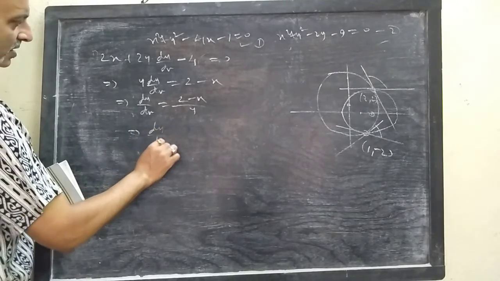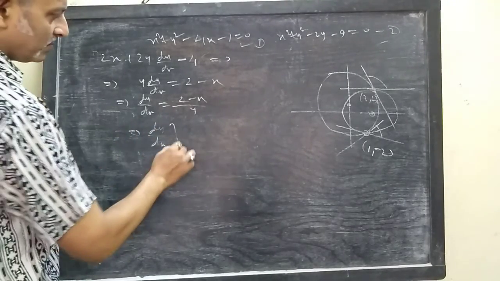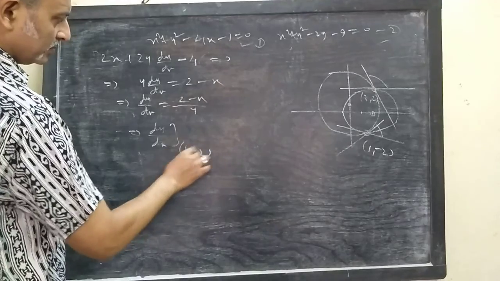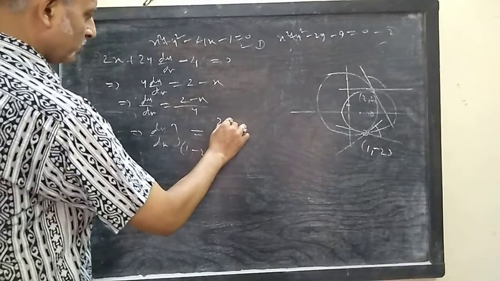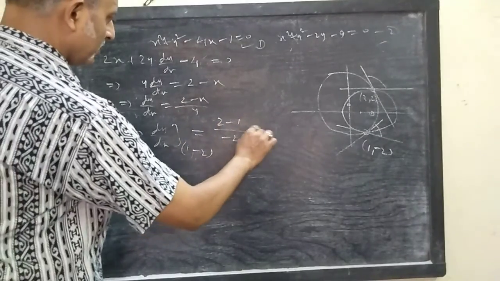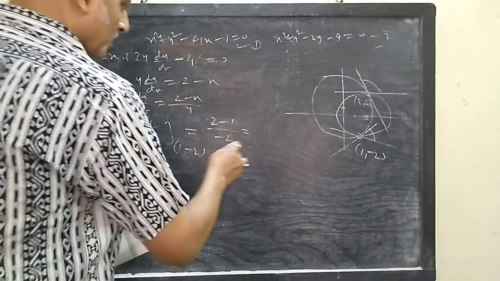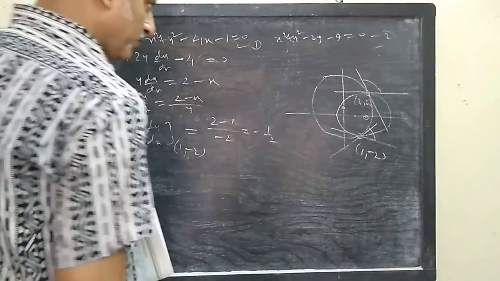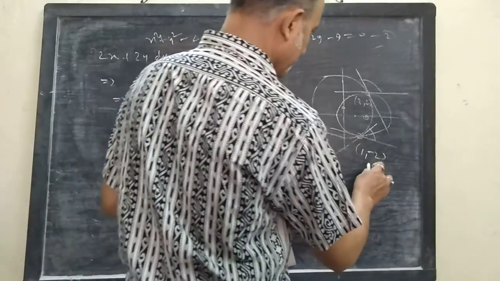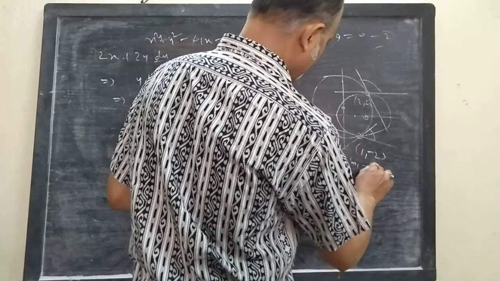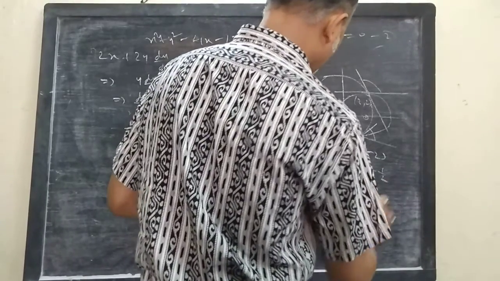That gives dy dx at the point say 1 comma minus 2, we get 2 minus 1 by minus 2, so minus half. Right, from here, one slope we get m1 equals to minus half.